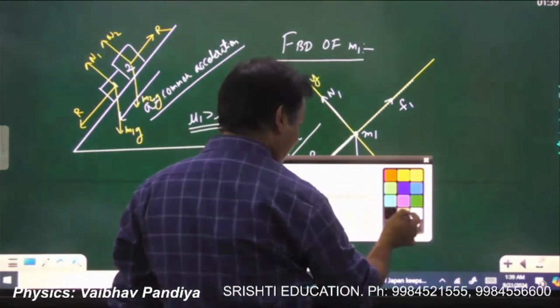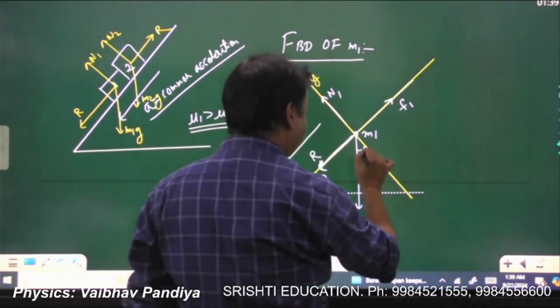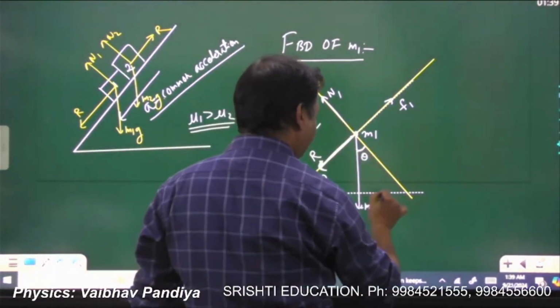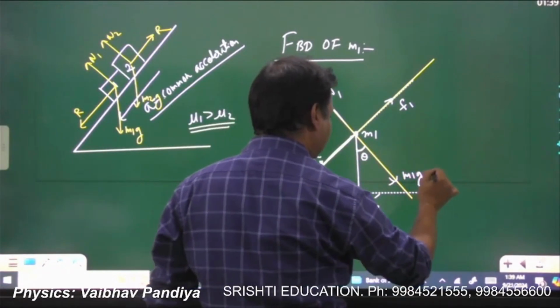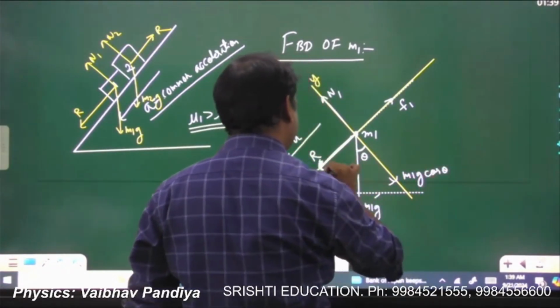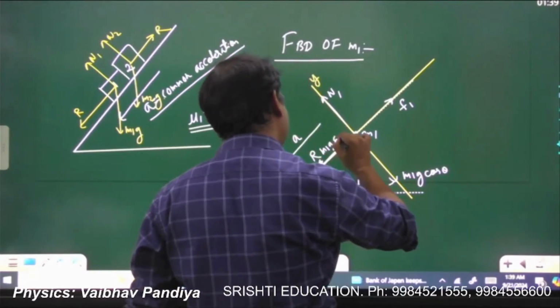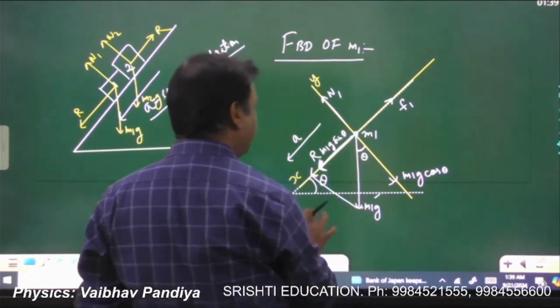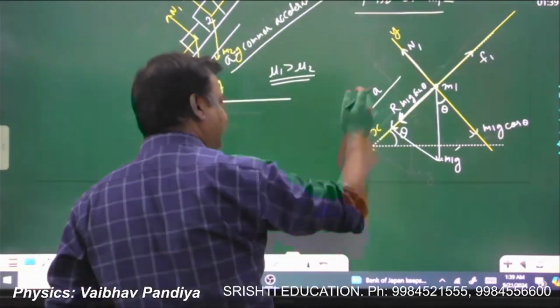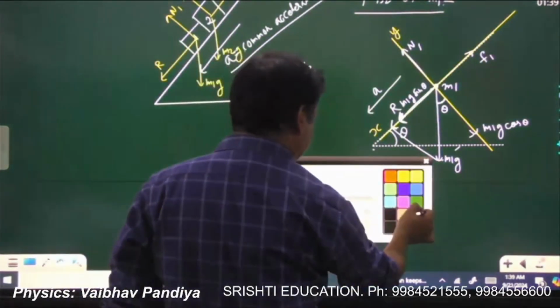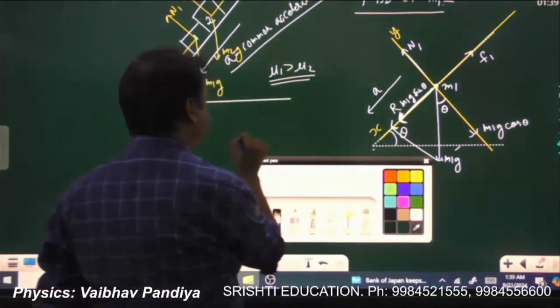Of course, I have to resolve M1G, since it is on none of the axes. So this will come to be M1G cos theta, and this will have a component M1G sin theta, correct? Now, on the y-axis there is no motion. The equilibrium is maintained perpendicular to the inclined surface.